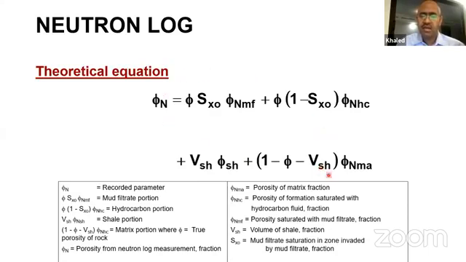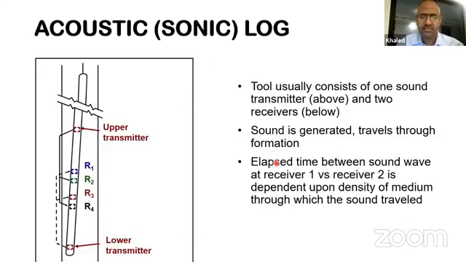So when we plug in the numbers, this one is the reading from the logging tool, and this is the neutron of the matrix. If it's limestone it is 0, if it's quartz it is -3 or -4, and the water is 1. For the shale, you take the value from the interval in front of the shale. So the only thing unknown here is the porosity. You shuffle the equation around and it will give you the porosity value.